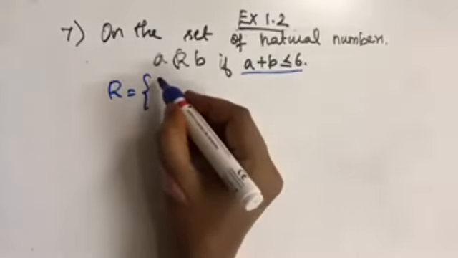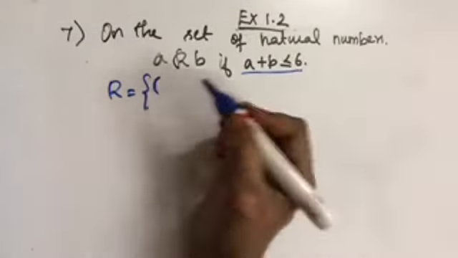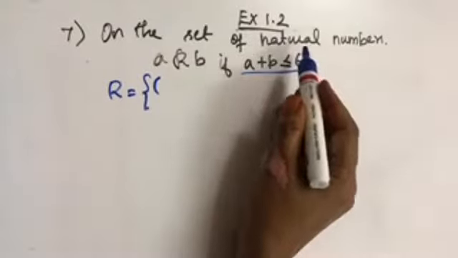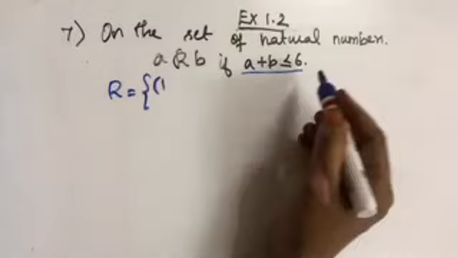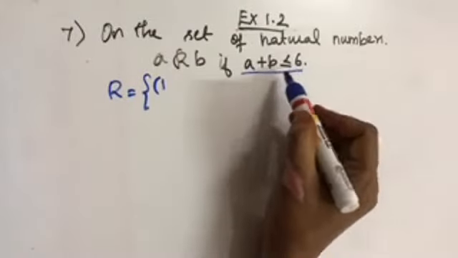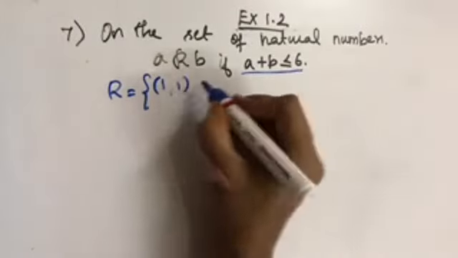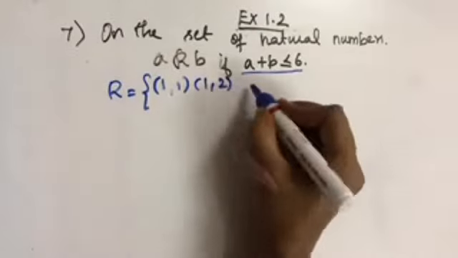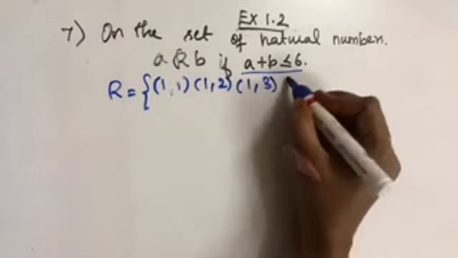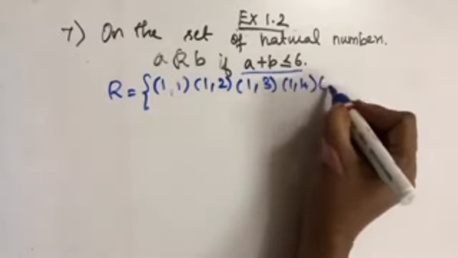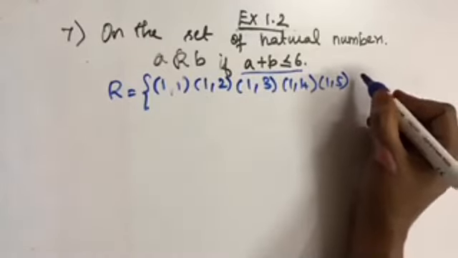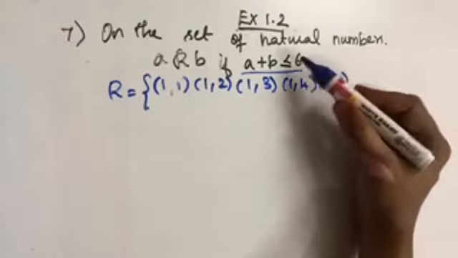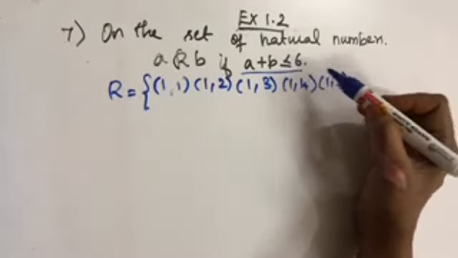Shall we start with 1? Because it's a set of natural numbers. So, 1, 1; 1, 2; 1, 3; 1, 4; 1, 5. But I could not write 1, 6 because the sum is 7. It should be less than or equal to 6.